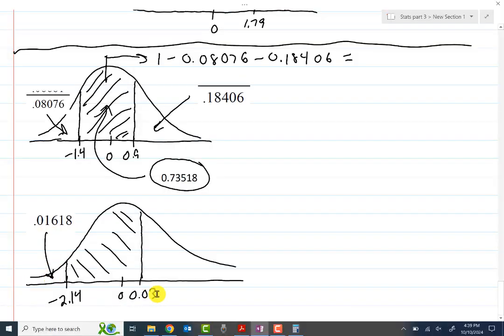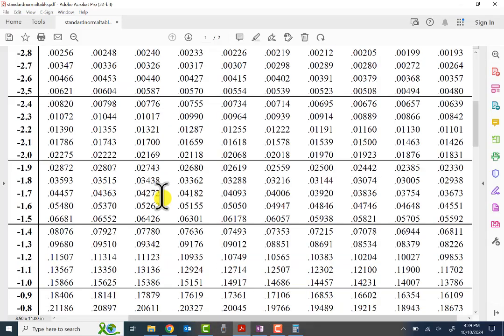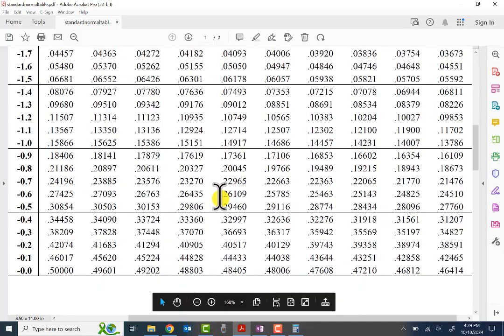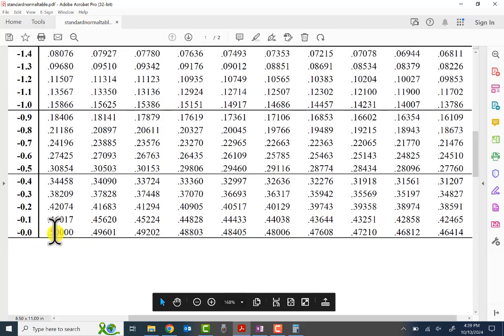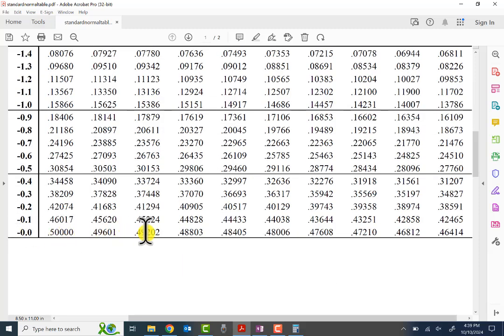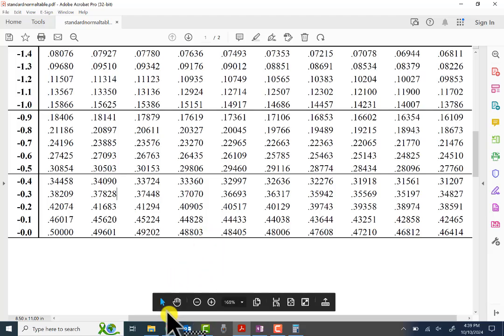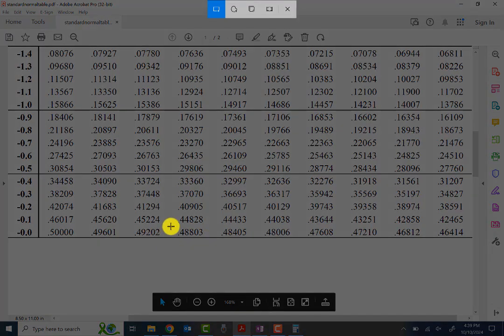And then over here, I should be able to look up negative 0.03 and get this piece over here. It should be around 50%, you would think. Here we are, negative 0.00123. That's 0.48803.